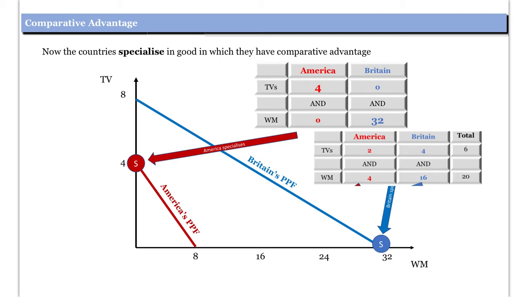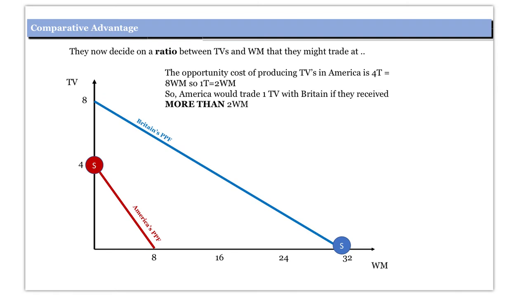So this is the easier way of doing it. What we need to show in your analysis is the opportunity cost ratios, which we've already worked through. In America, the 4 televisions is going to cost them the 8 washing machines, so 1 TV is an opportunity cost of 2 washing machines.